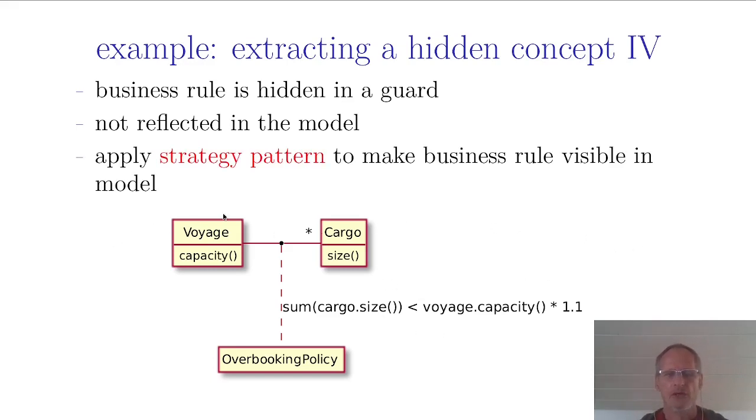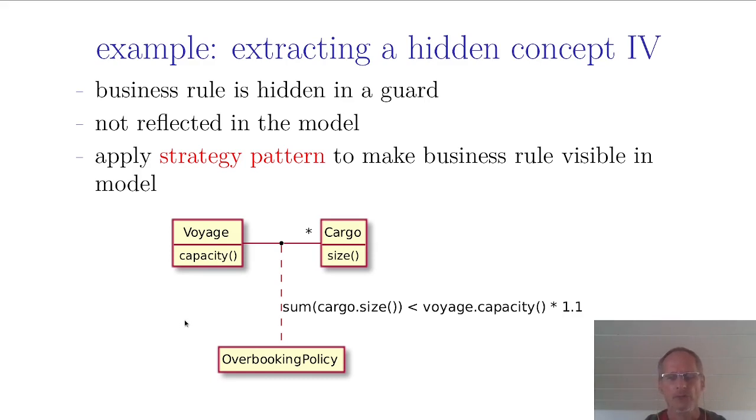This is an application of the strategy pattern. The basic idea of the strategy pattern is that we parameterize something over a certain method of doing it. So in this case here, the method over which we parameterize is the overbooking policy, determining whether the cargo should be accepted as an additional booking. That is the method over which we parameterize.